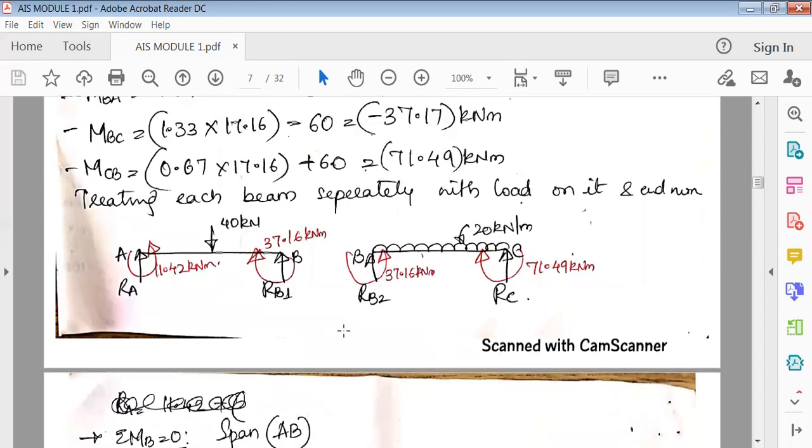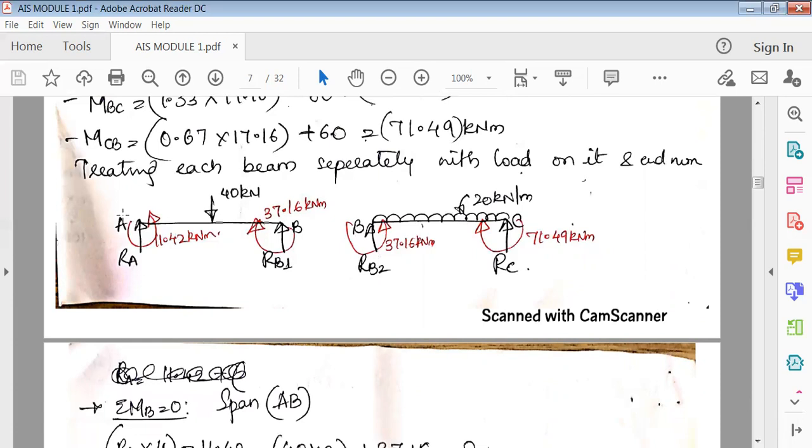Ultimately we have to find the reactions RA, RB1, RB2 and RC. To find these reactions, first I'll consider span AB. In span AB, I'll keep the moment about B as 0. Always try to keep the farther support's moment 0 first.